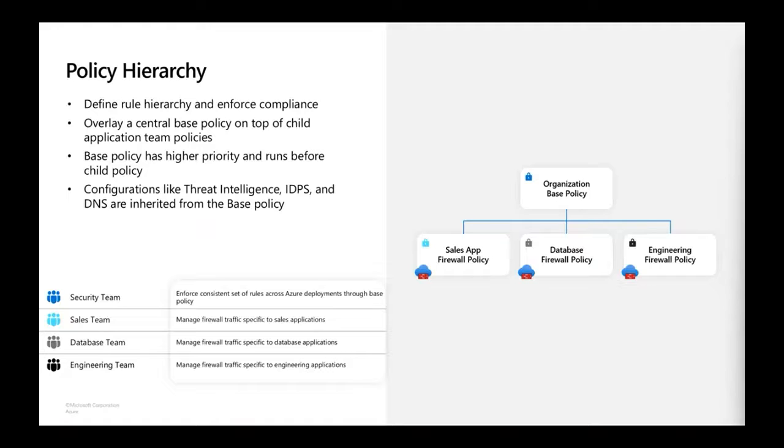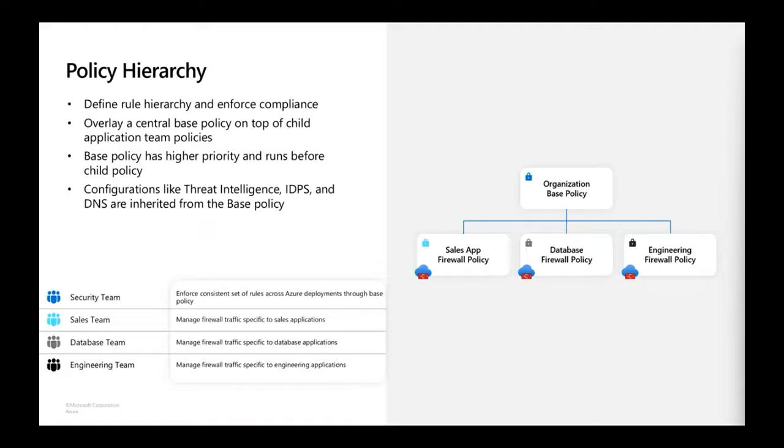The policies created with non-empty parent policies inherit all the rule collections from the parent policy, and the base policy and the child policy must be in the same region. But by having the base policy and the child policy in the same region, you can use these across different firewalls deployed across different regions, regardless of where they are stored.